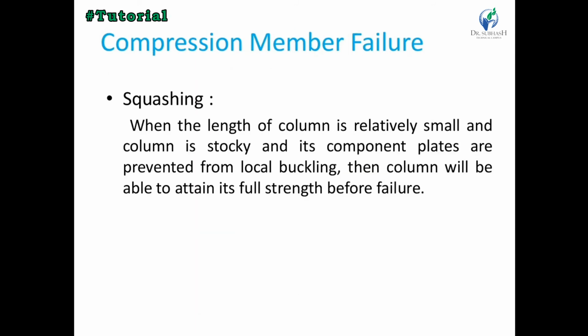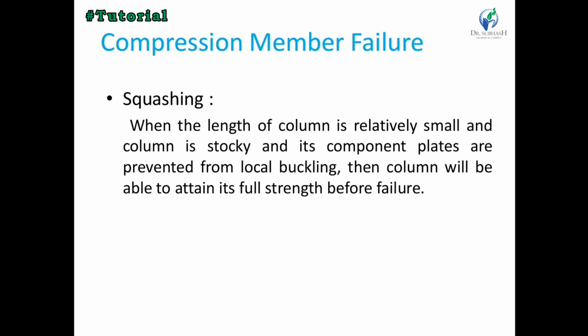Third one is squeezing. When the length of the column is relatively small and the column is stocky, and its component plates prevent local buckling, the column will be able to attain its full strength. This is called squeezing. So what is the squeeze load?